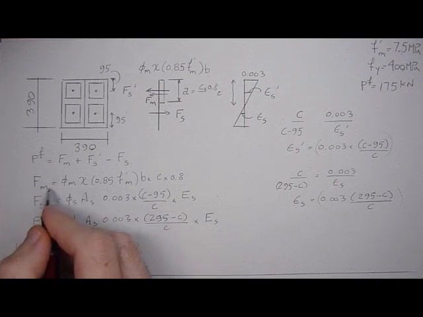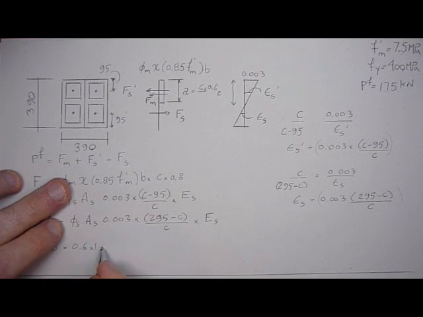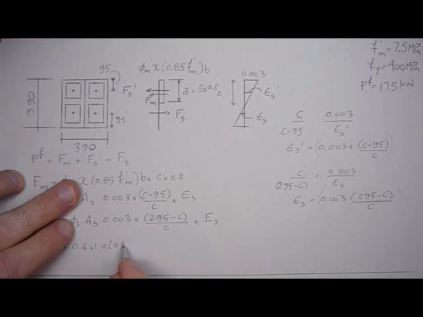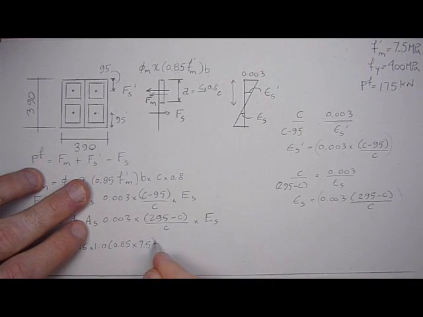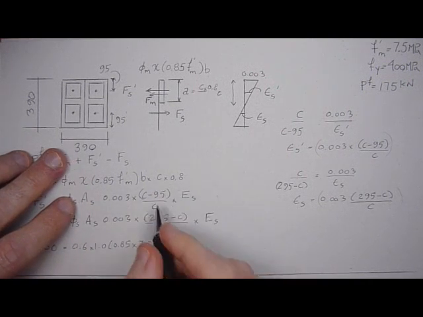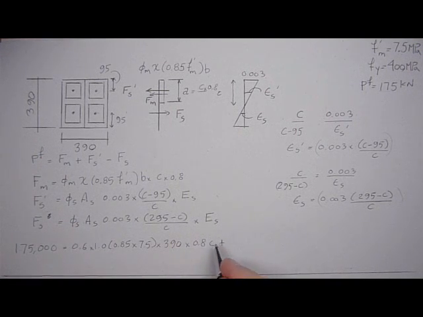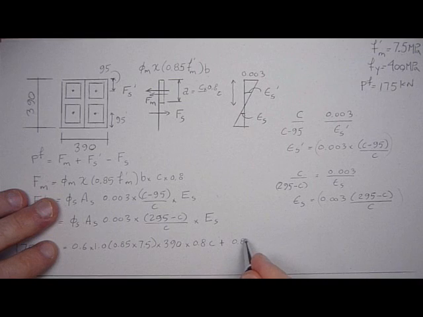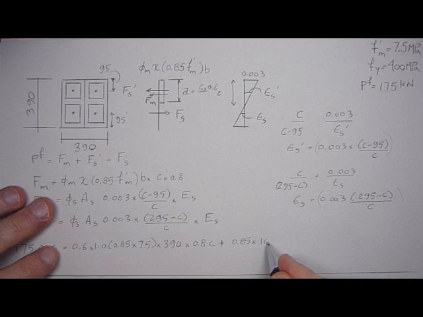That's equal to force in the masonry, which is phi of the masonry, 0.6, times 0.85, times 17.5, times the width of the section, which is 390, times 0.8 C, plus 0.85 times the area of steel, bottom or top, it's the same, as 1,000. 2 times 500 millimeters squared.